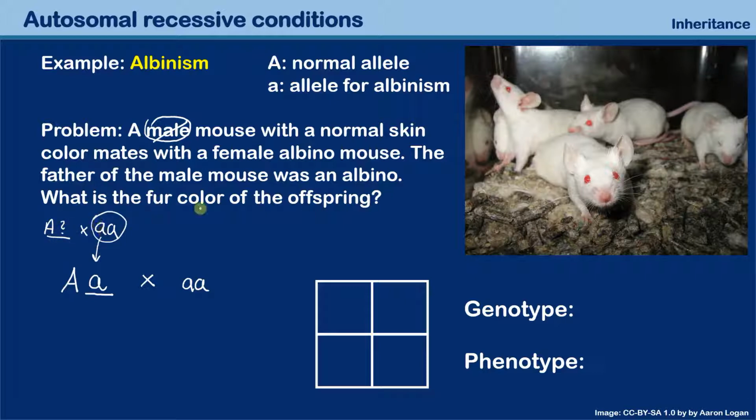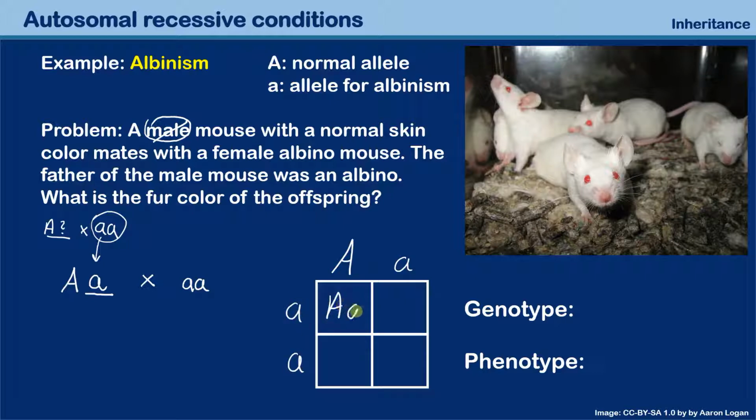This here is relevant. The father of the male mouse was an albino, lowercase a. One of these alleles must have been inherited. So we see now that we have a heterozygous animal crossed with a homozygous recessive. We're over here in the Punnett grid, capital A, lowercase a, crossed with the albino mouse.